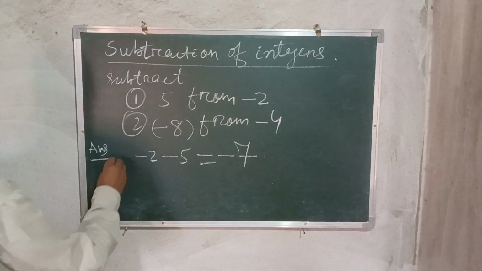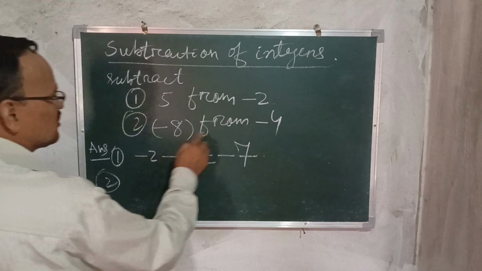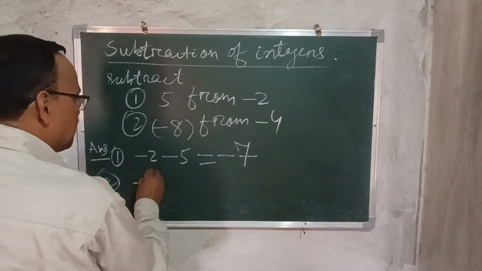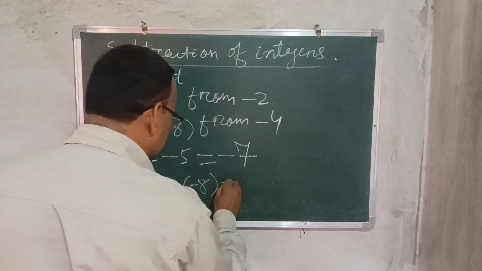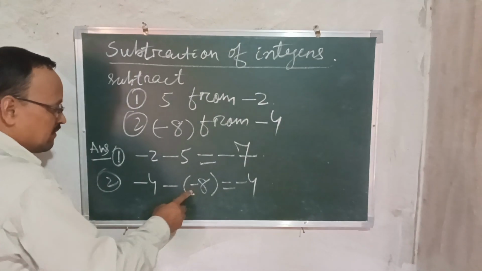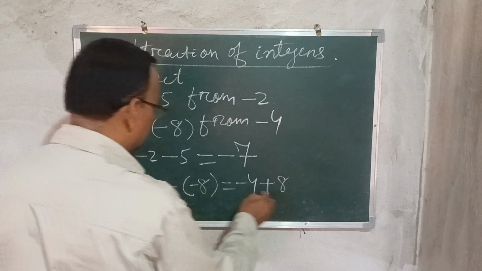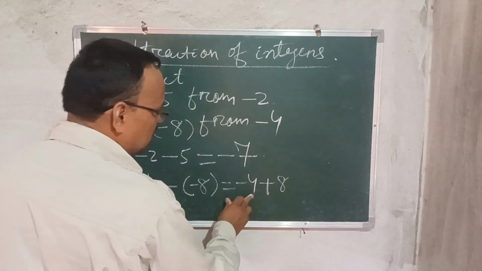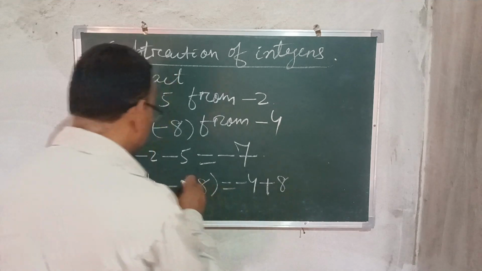This is answer number 1. Answer number 2: subtracting minus 8 from minus 4 gives minus 4 minus minus 8. Minus minus is plus, so that is minus 4 plus 8, using the rule of addition.